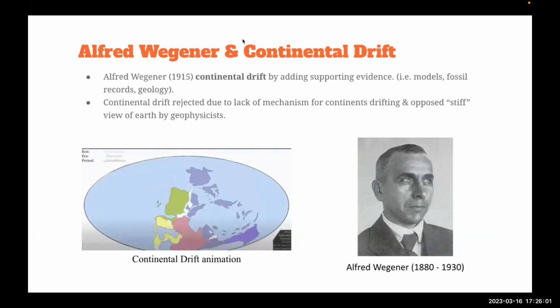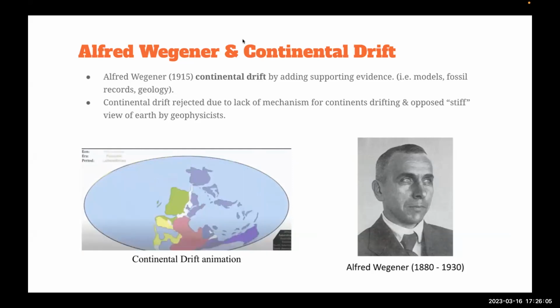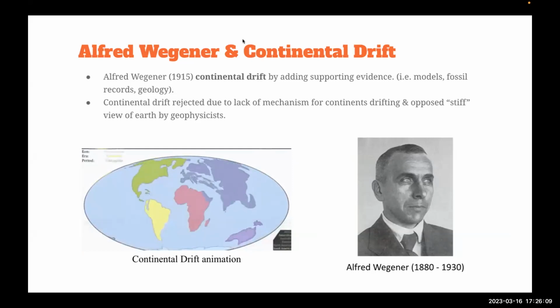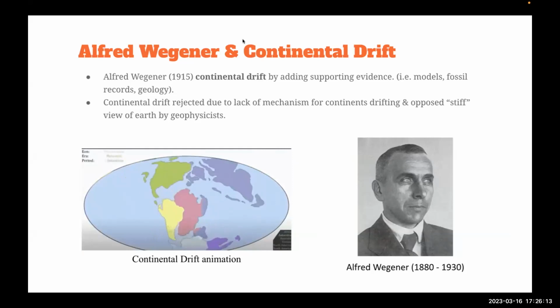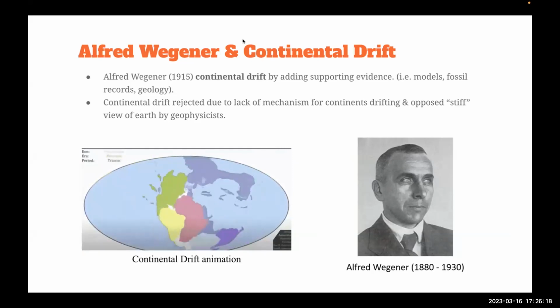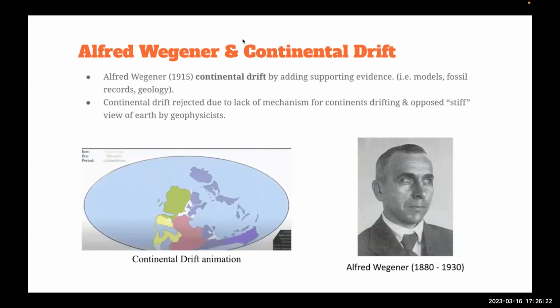Okay, you need evidence as a scientist. So his continental drift theory was born in the early 1900s, and he was only recognized in the 1960s, once he was long dead. Okay, posthumous, as we say. And that's very unfortunate considering now he gets so much recognition, right?